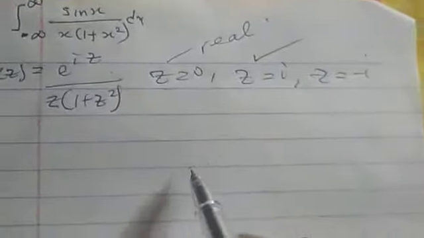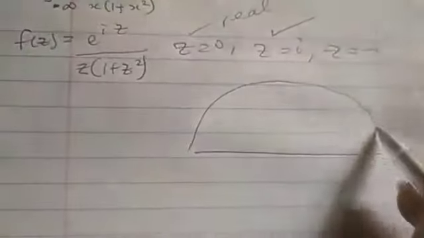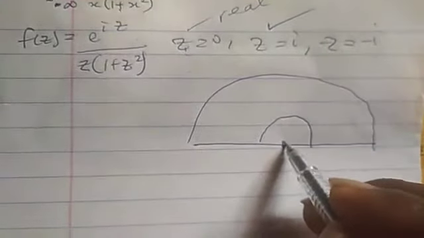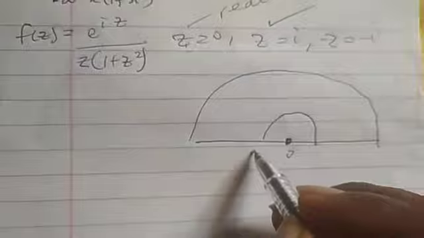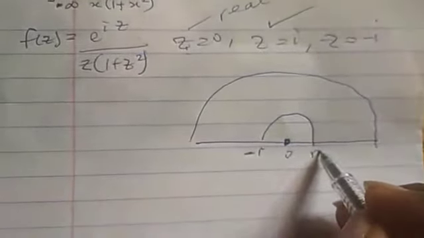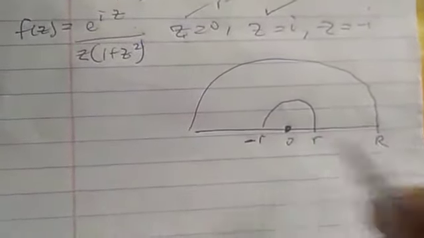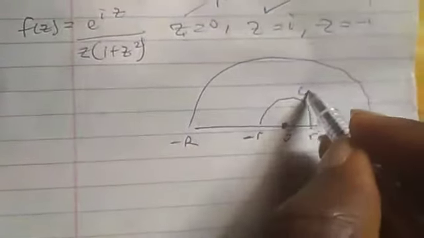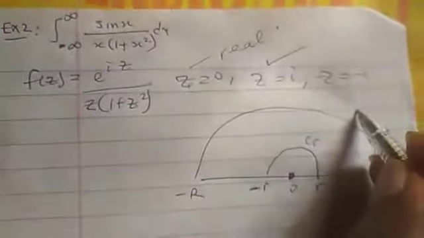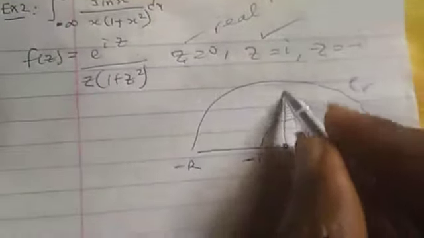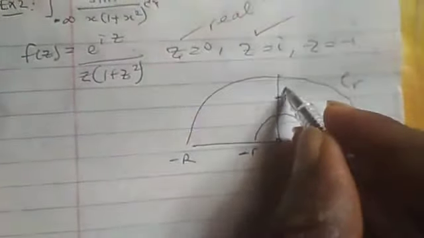In the upper half plane, this one lies, but this one lies on the real axis. So we integrate it in an indented contour because we have this there. Let's cut out the 0 that is there. This is minus r to r, big R, minus big R, C small r, and C big R. Let's say this place is z equal to i.